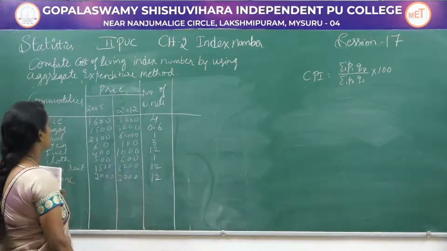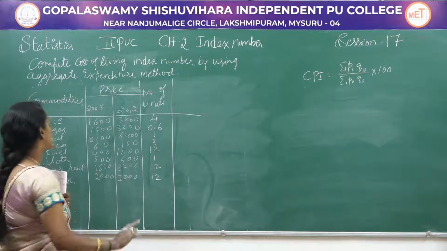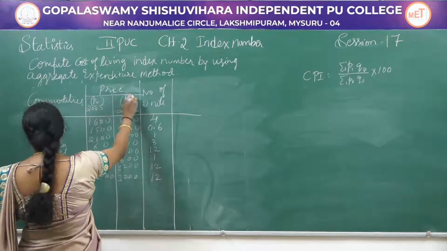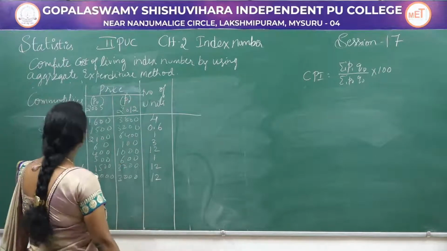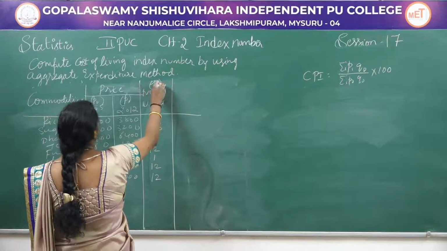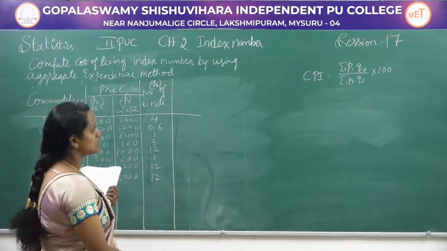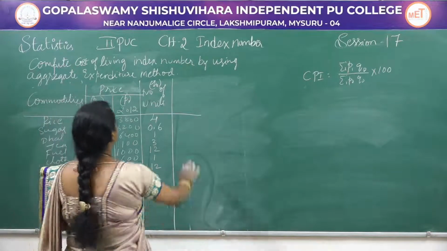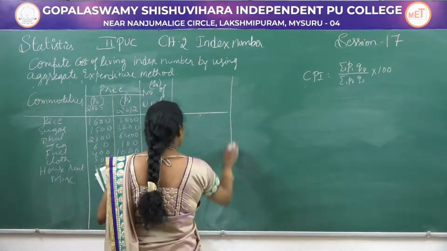Here price of 2005, let us consider this as base, that is P0, and this is P1, and the number of units we take as Q0. We want the product of P1 Q0 and P0 Q0. Let's take the product of these two.